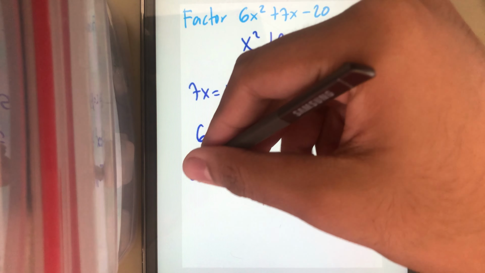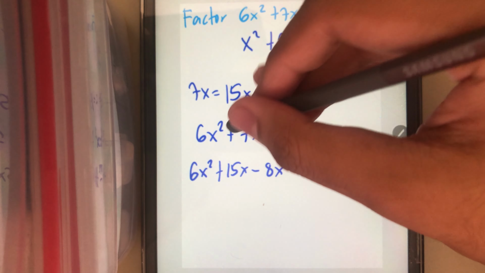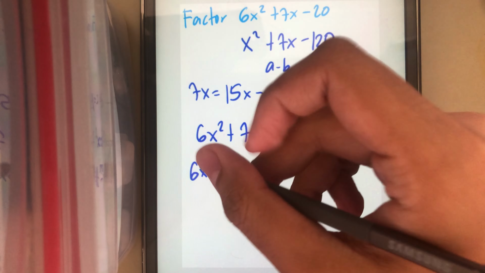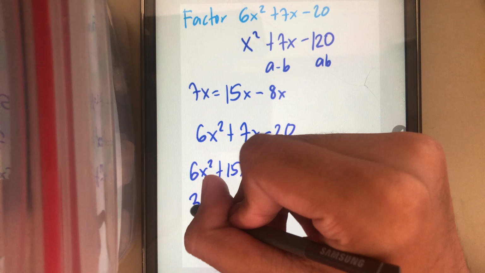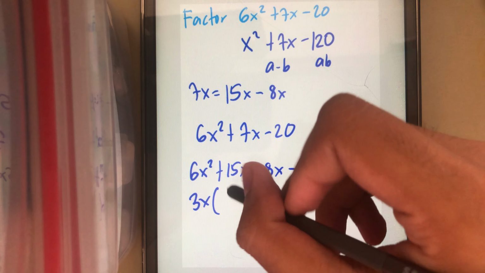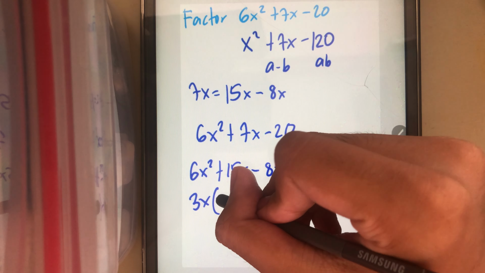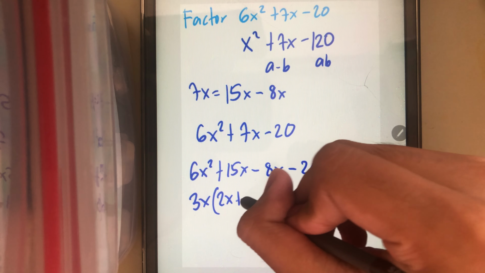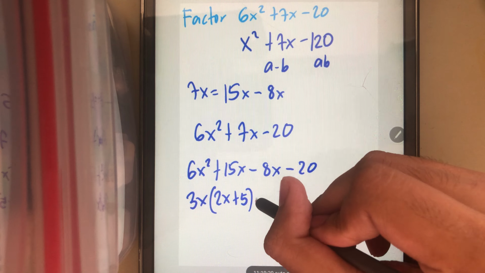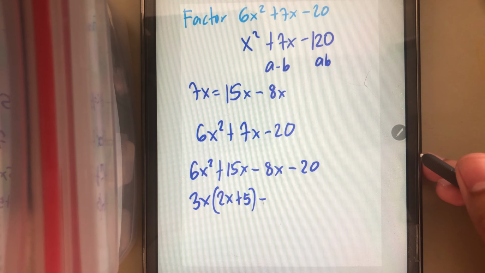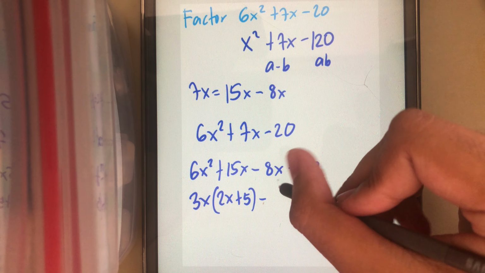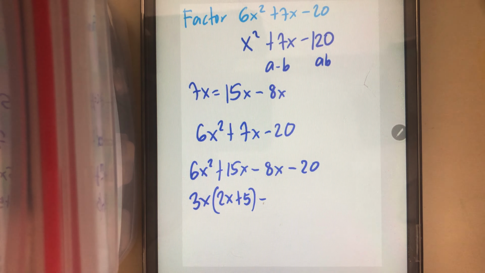And in 6x squared plus 15x, 3x is in common. We put here 3x times 2x plus 5. And then minus, in minus 8x minus 20, it is 4, 4 in common.